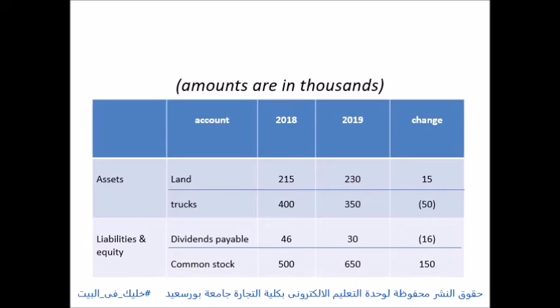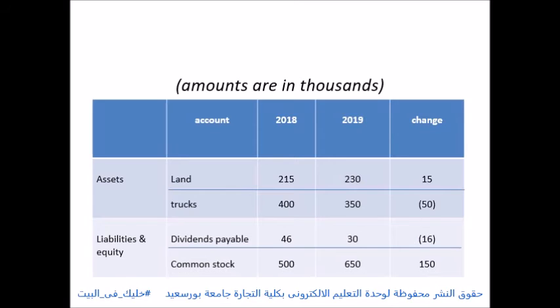That means you have sold some of the trucks. These are the two assets. For the liabilities and equity, for dividends payable, there is a decrease of 16,000. That means this amount has been paid actually to the stockholders. Common stock was 500, it comes to be 650. That means there is an increase of 150,000 in the common stock.